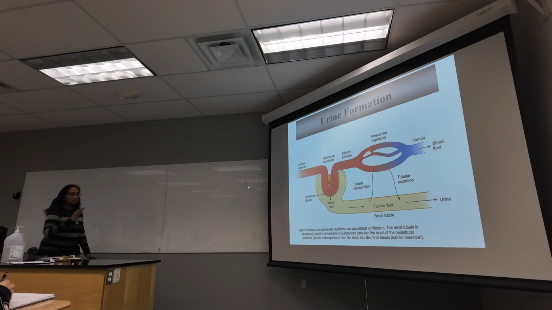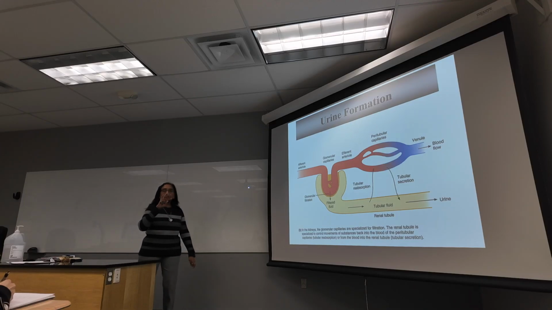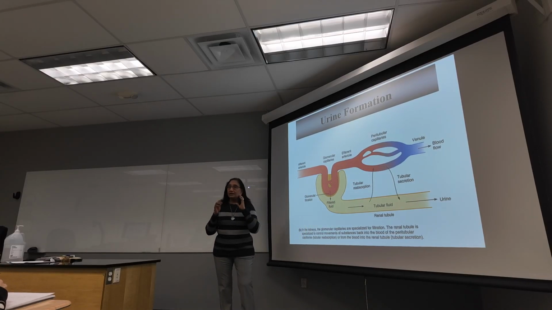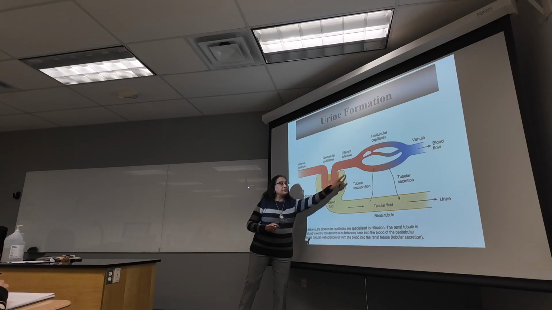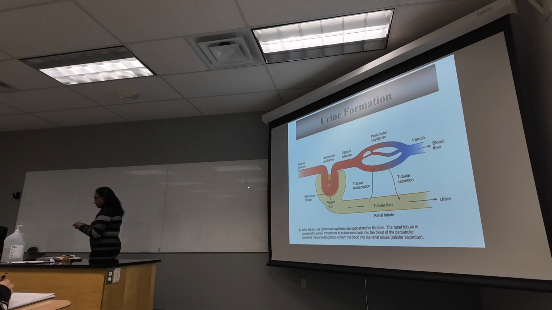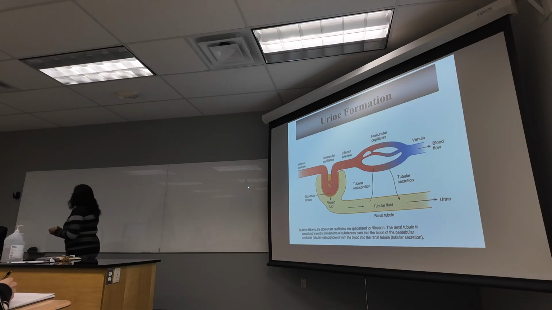Glomerular filtration. So this is a diagram to show you the 3 processes. Filtration is when the substances are filtered out of blood. So where does this happen? This happens in the first part of the nephron, which is the renal corpuscle.